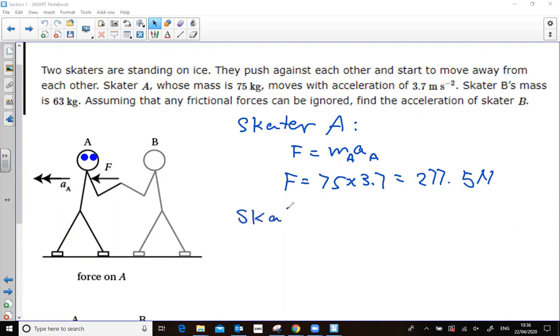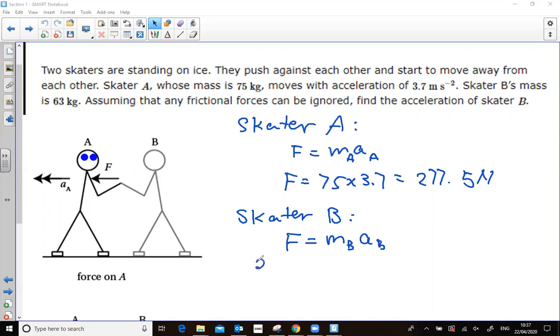Now this will be the same force acting on skater B. So now let's look at skater B. Again, we have F equals ma, and you can see that for the capital F, I didn't really use a capital A or capital B because it's the same force. However, the mass will be different, so let's put B and the acceleration A with a little b there.